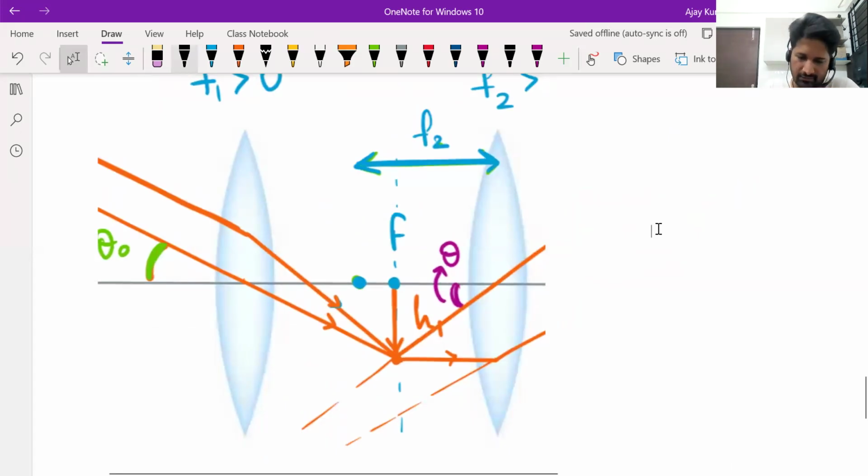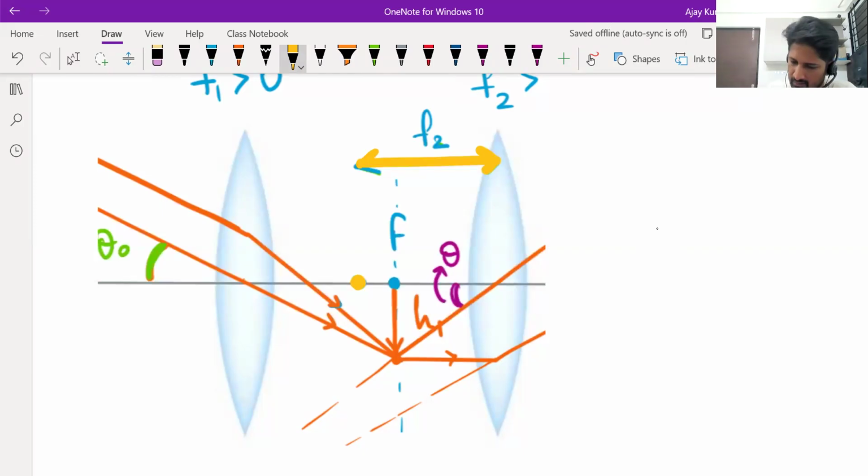Let's see the distances carefully. Let me use different colors. Yellow. This yellow dot is the focal length of the second lens, f2.